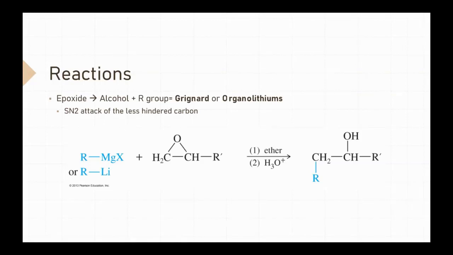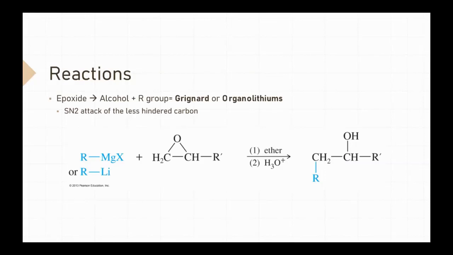Same with organolithiums. You can just treat this as R with a negative sign on it. The MgX is just there to show that it's the one that's carrying that R group.